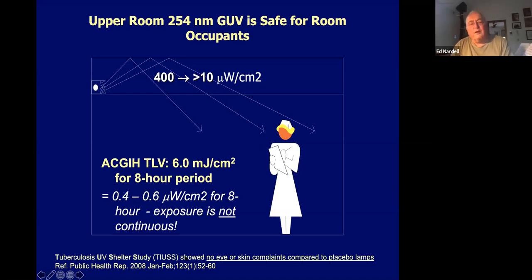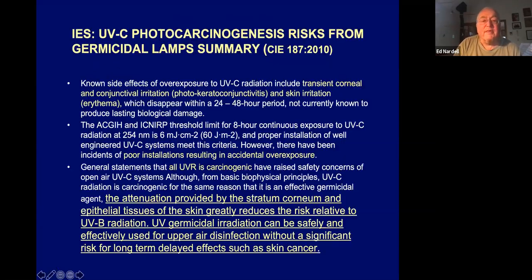We did a study in homeless shelters across the United States, and in some shelters we had real UV, and in other shelters we had just blue bulbs, and then we switched them back and forth, and there were no more eye or skin complaints compared to placebo lamps. It just isn't a big safety issue.